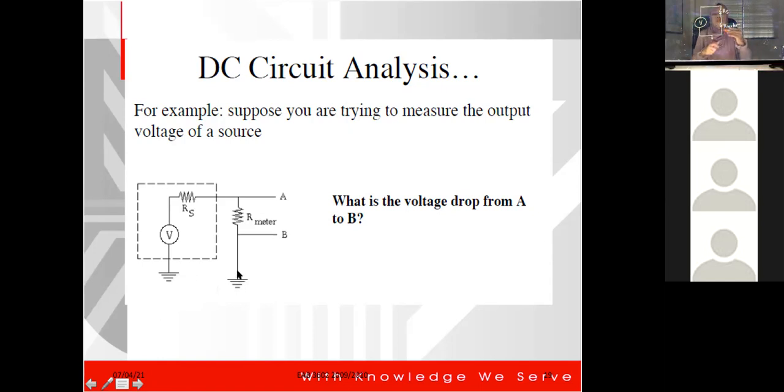So here is ground. Then you have RS, the voltage connected to RS, and this is point A, and this is point B.